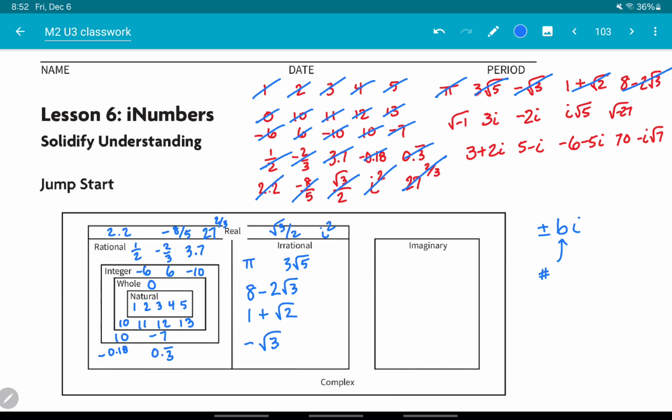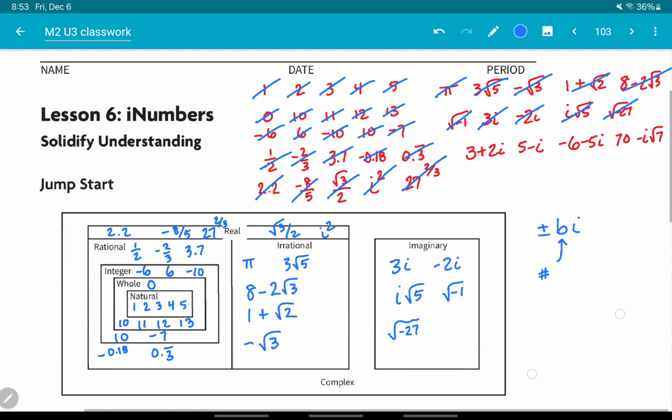So an imaginary number could be something like 3i, -2i, i square root 5. In this case, we could write it as square root 5 i, but we have a tendency to put the i first so that we don't accidentally think that the i is inside of the square root. The square root of -1, which is defined as i. And then we also have the square root of -27. The square root of any negative number would be imaginary.